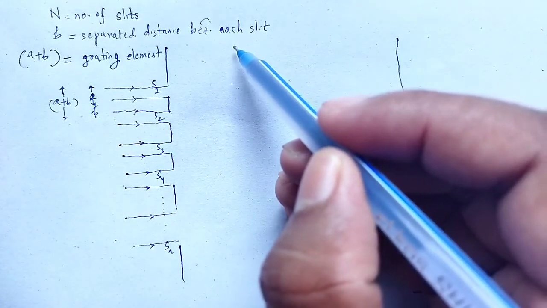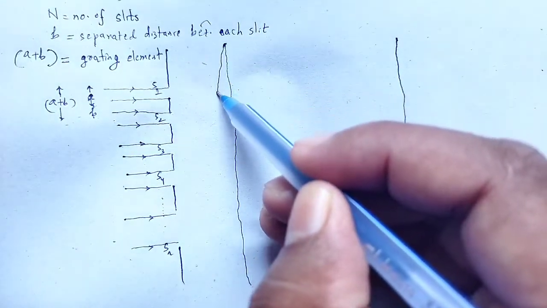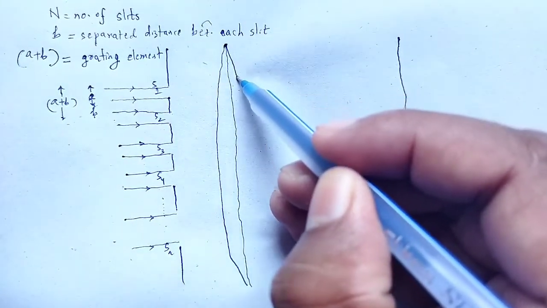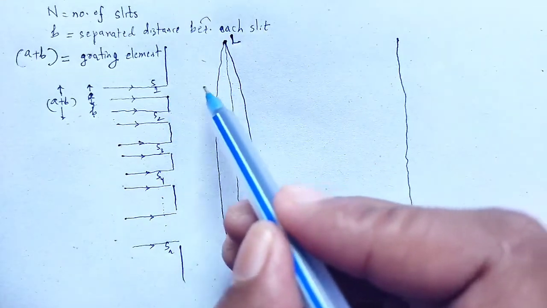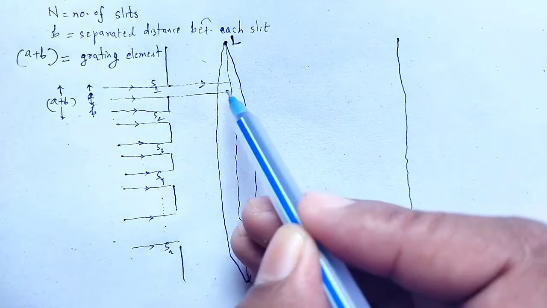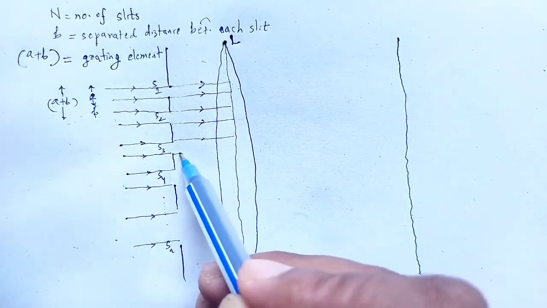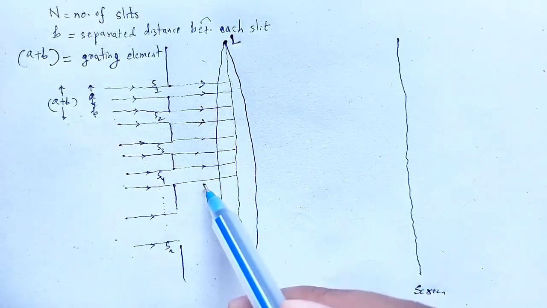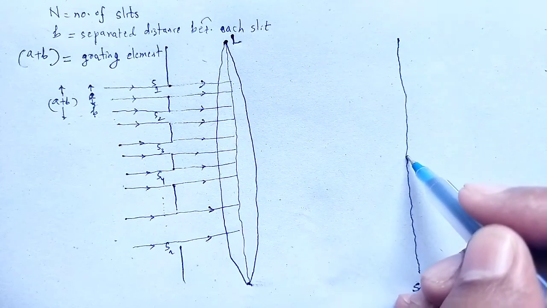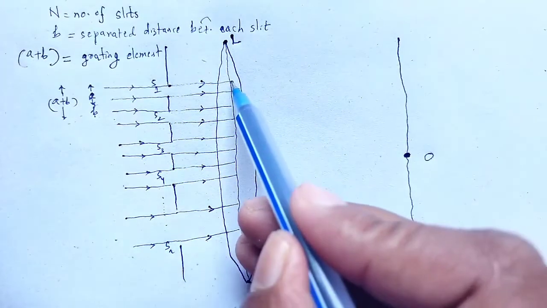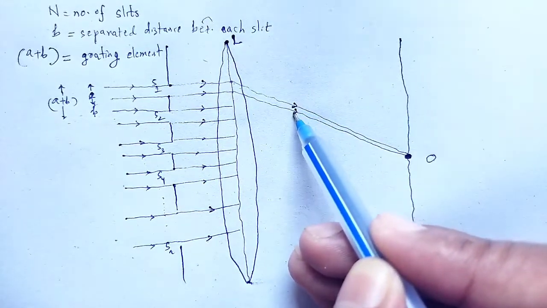We use a convex lens L. The parallel rays after diffraction are focused at point O.